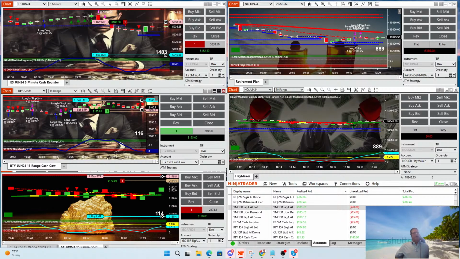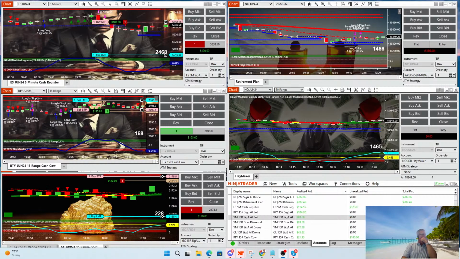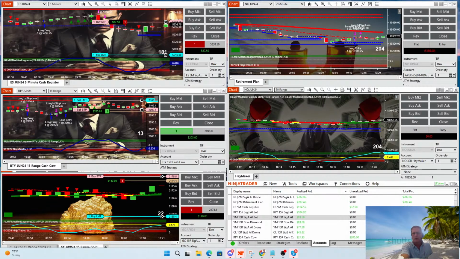NASDAQ is slowly drifting back up. Nice trade on the Dow.